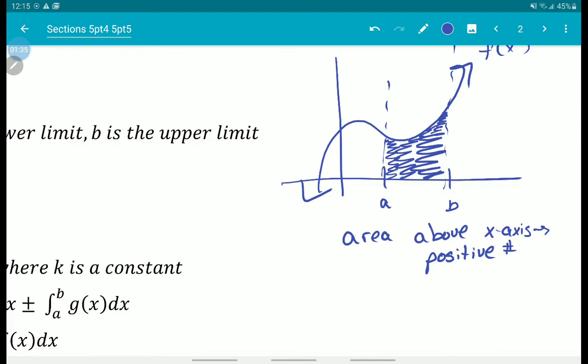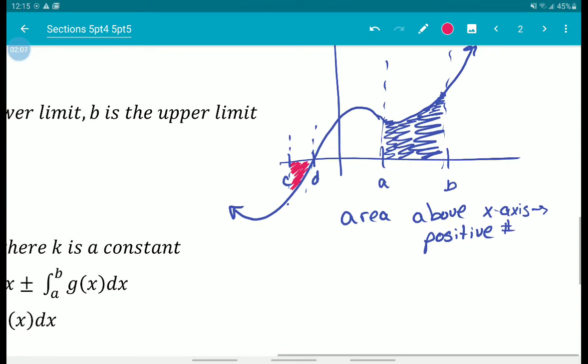If the area is below the x-axis, so suppose this graph did something like this, and maybe I have a C value and a D value here. Now I'm looking at a different area under the curve, which really means between the curve and the x-axis. I'm not sure why calculus textbooks say under the curve instead of between the curve and the x-axis, but they do. Notice that area is underneath the x-axis.